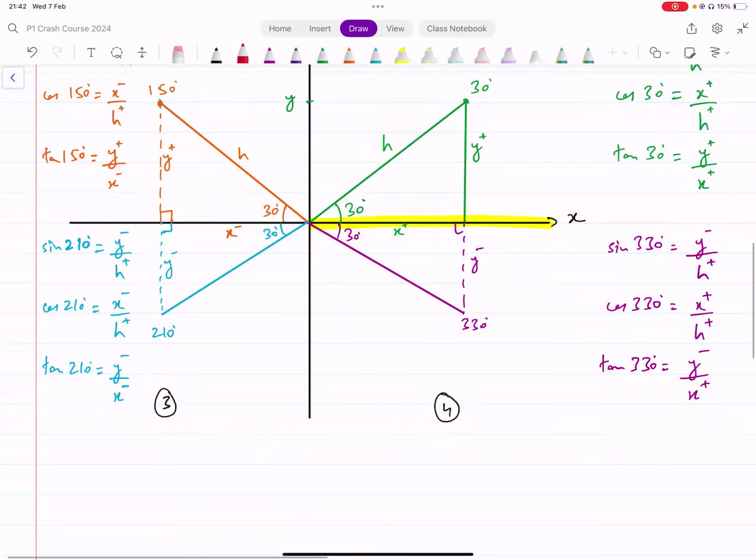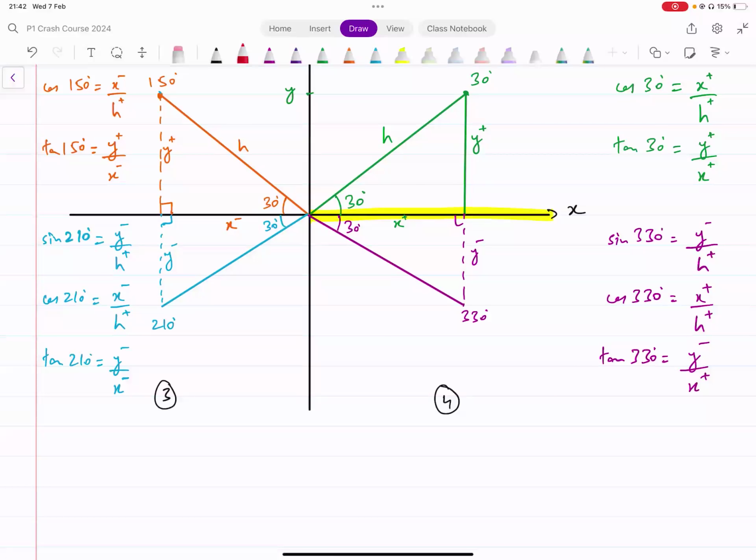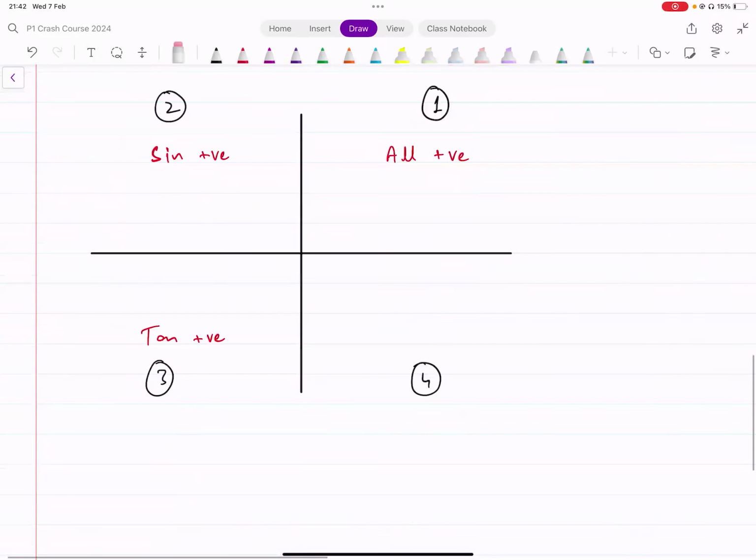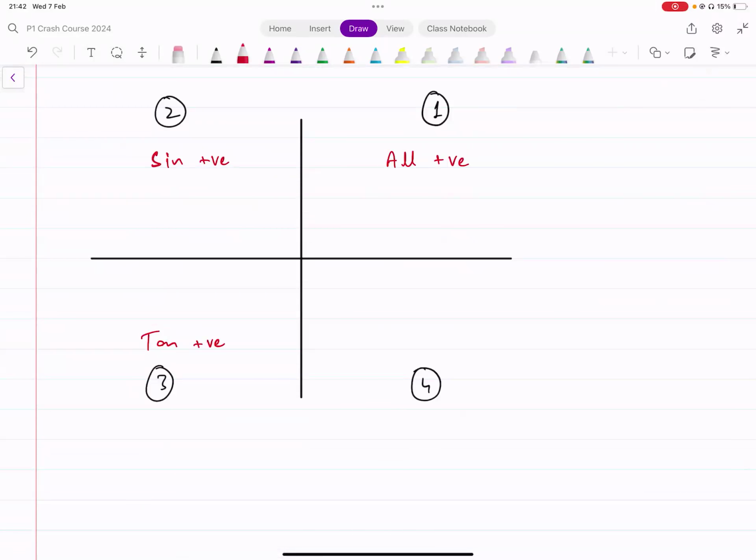And in the fourth quadrant, cos is positive and sine and tan are negative. So this is a very important result that you will be using to solve trigonometric equations, that which ratios or which functions are positive in each quadrant.